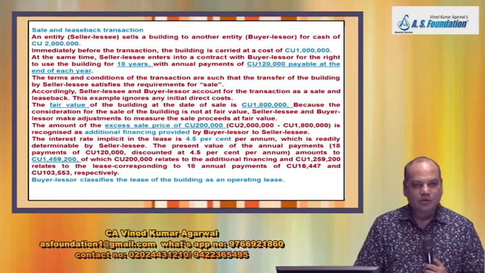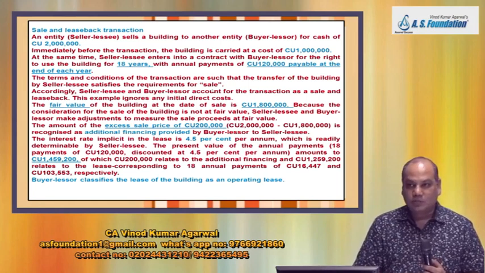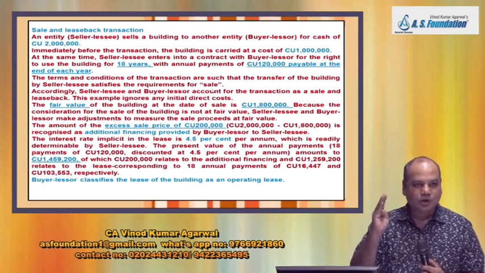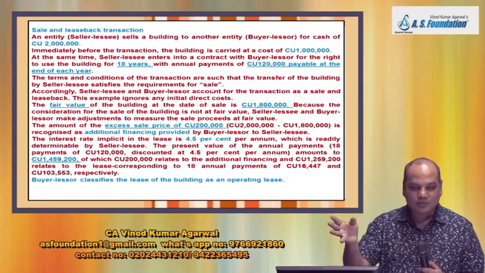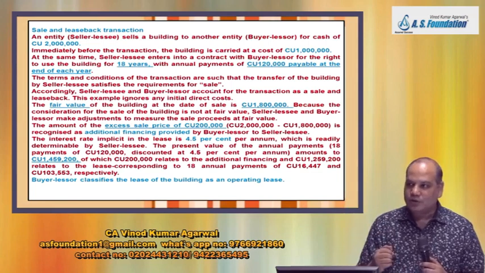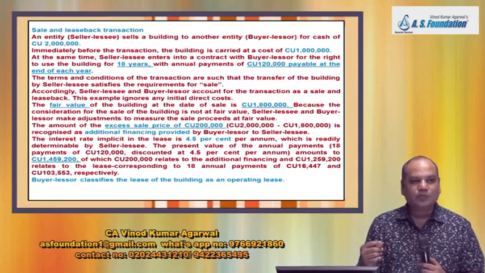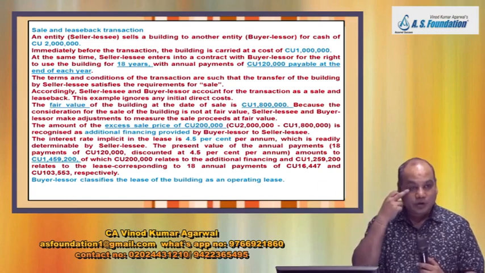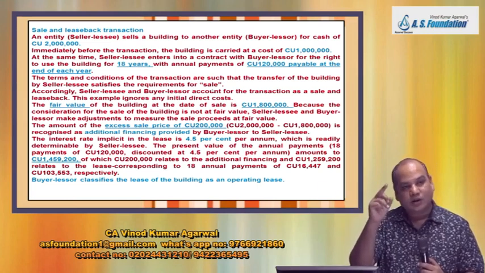That means this gives rise to sale. So I have to do following things: de-recognize the asset, recognize the right of use asset, and recognize the profit on the right transferred to the buyer, and also recognize the lease liability.